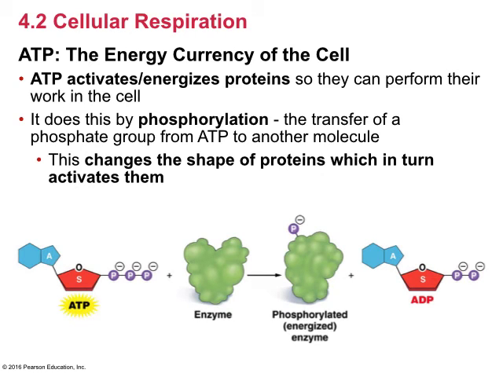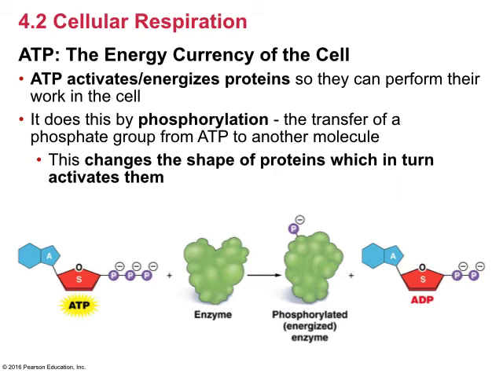So this is a very common way of how ATP energizes proteins, how it is used as a source of energy in order to perform chemical reactions. So let me just explain this a different way. If you go back to the figure, that one phosphate it's donating to the enzyme, you'll notice that the phosphate is negatively charged.